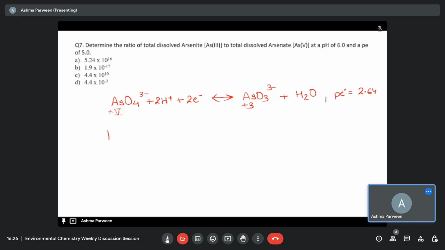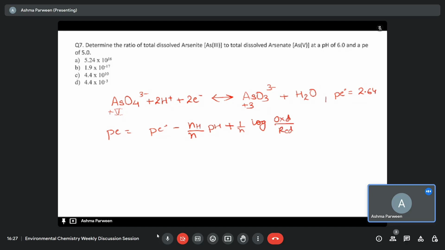And as we know, PE equals PE naught minus NH, that is number of hydrogen ions, divided by number of electrons into pH, plus 1 by N log oxidant form to the reduced form.